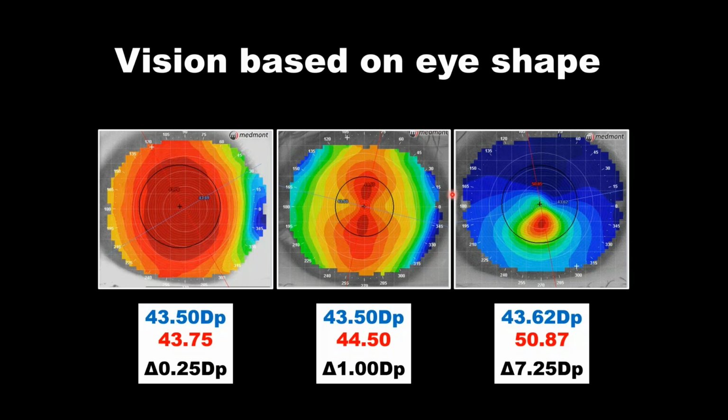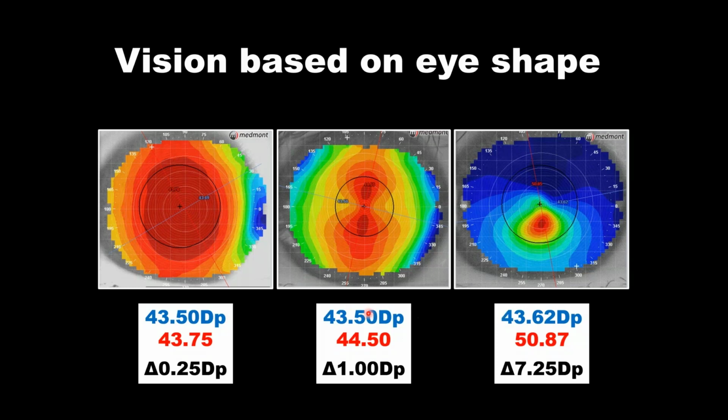Which are those that are going to require us to be a little more selective in what we choose to provide a high level of VA, or the best corrected vision that may be possible? So K readings have value. They do tell us about the gross radius of the eye.